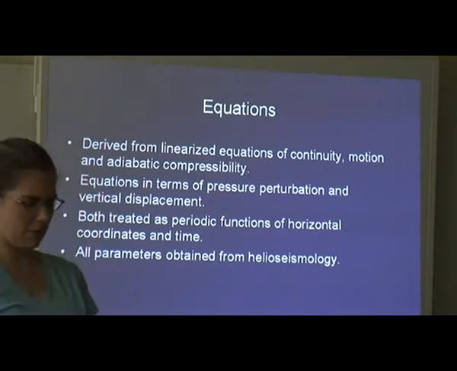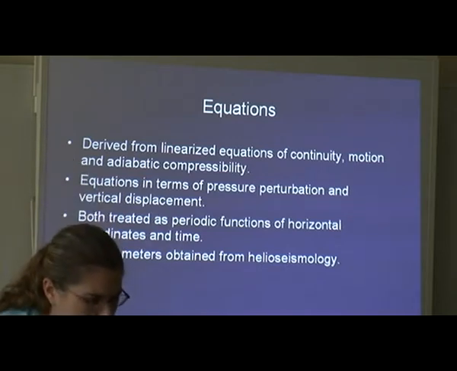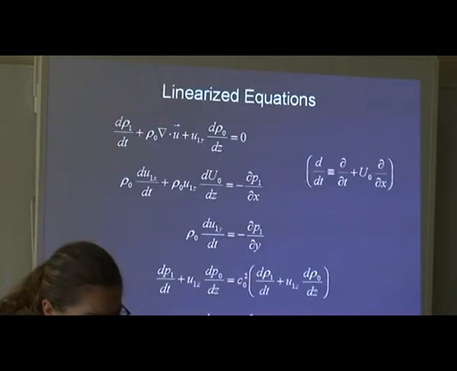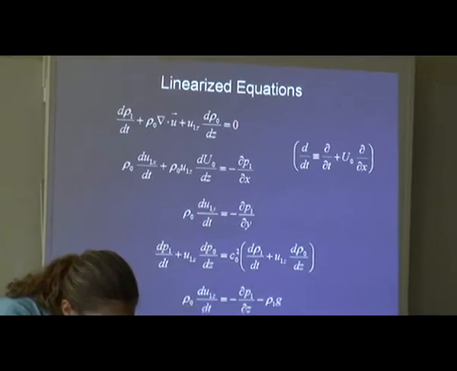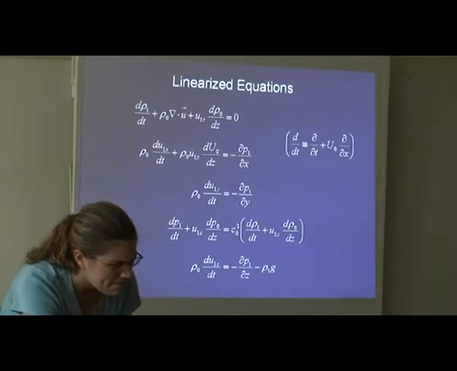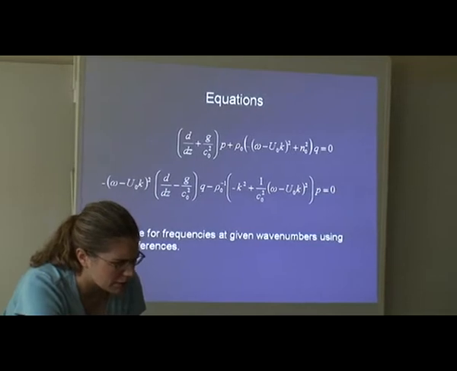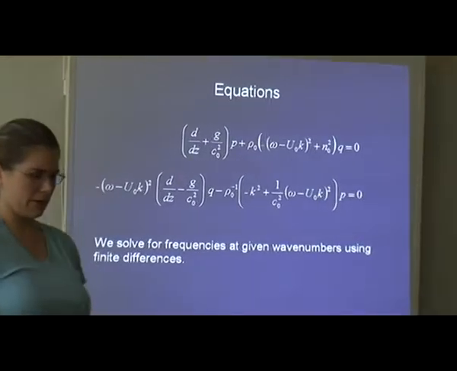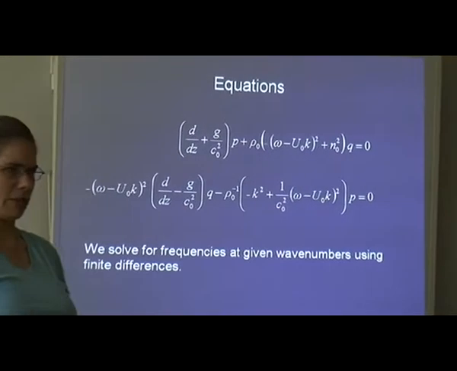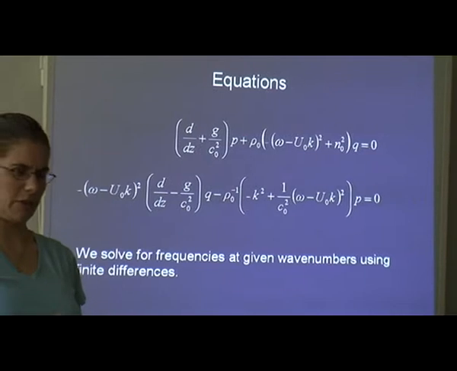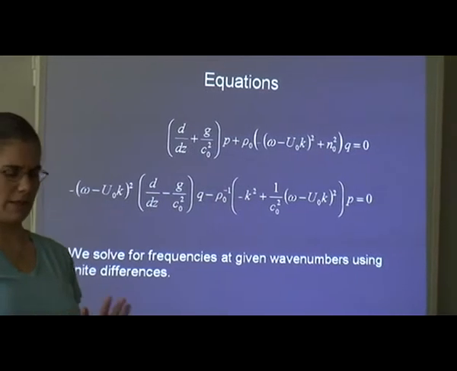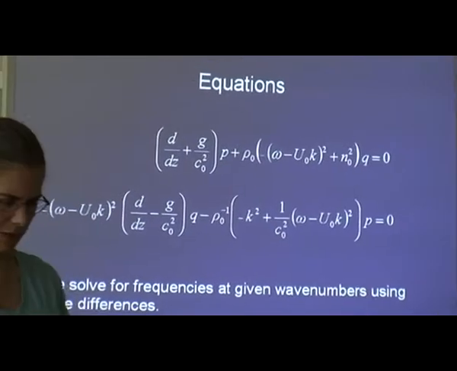We have a bunch of parameters that also vary in depth, which we got from helioseismology, so we have some data to put in. We started with these equations, and we got both final equations here that we're looking at. We've got the frequencies omega and the wave numbers k, so we're trying to get a dispersion relation, solving for frequencies at a series of values of wave number.